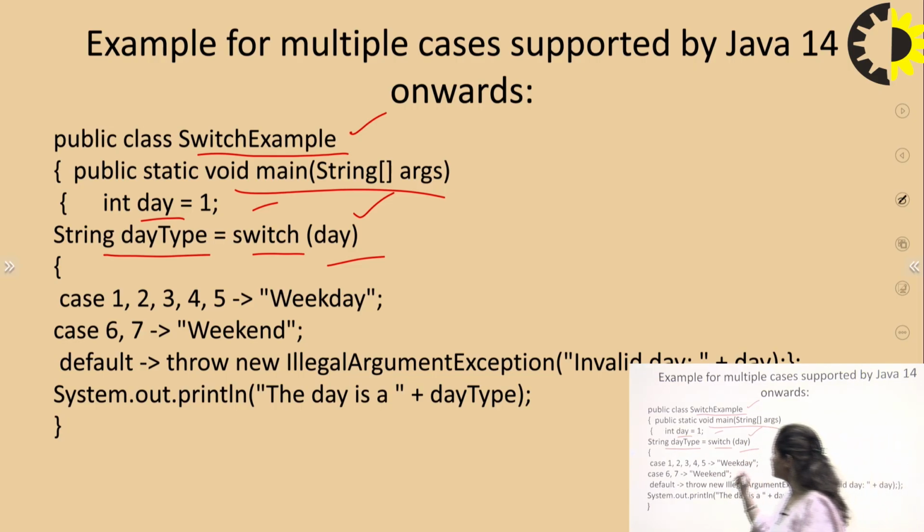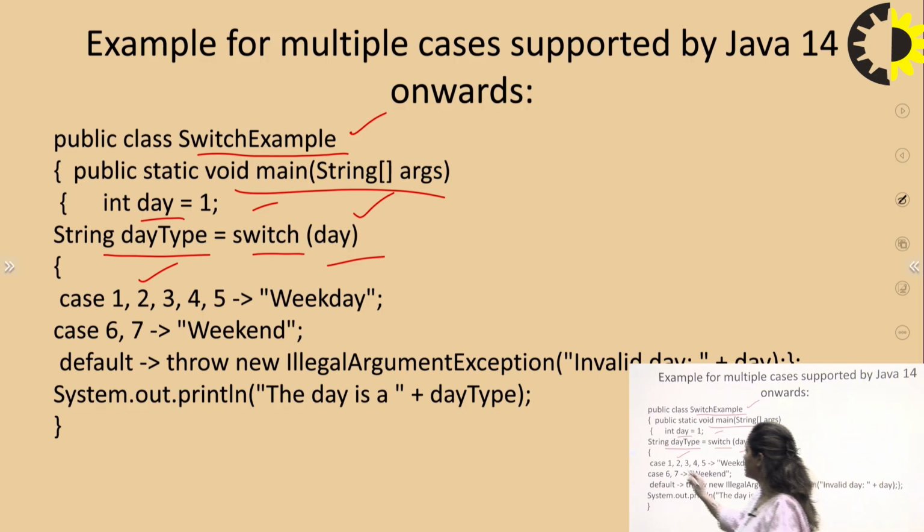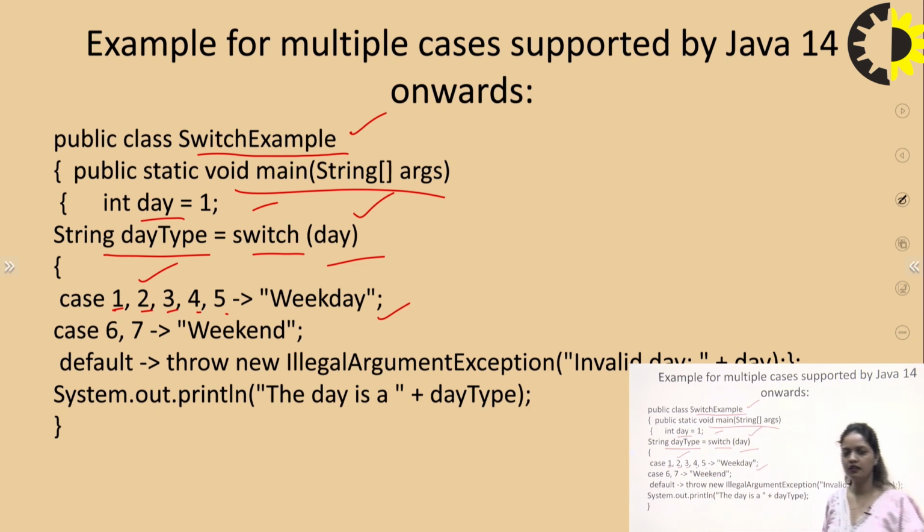In the body of the switch, we are using the case and multiple labels. As I told you earlier, from day 1 to day 5 they are weekdays, and the 6th and 7th days are the weekend, that is Saturday and Sunday. So we are writing case 1, then 2, then 3, 4 and 5, and what we want to print is weekday.